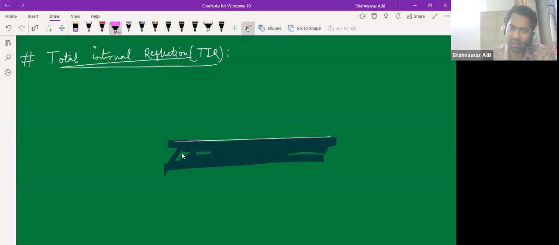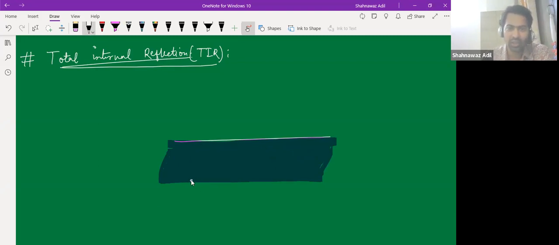This is a denser medium, and light is coming from this medium. This is the source, and it falls on this surface, which divides the denser and the rarer medium.